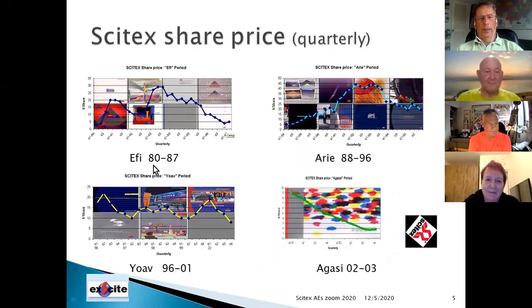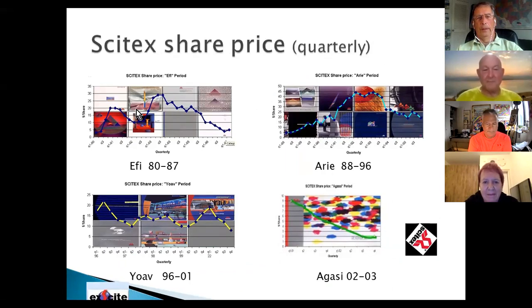Since the company issued stock on NASDAQ, you see that every year started with a bang, went up, and continued to slide down. Then Aria took over and shares went up and then started to slide down.